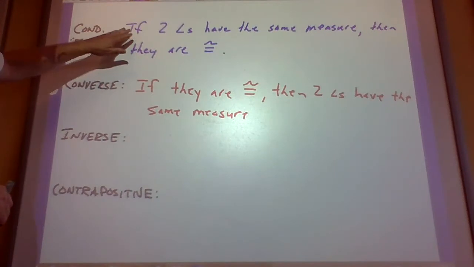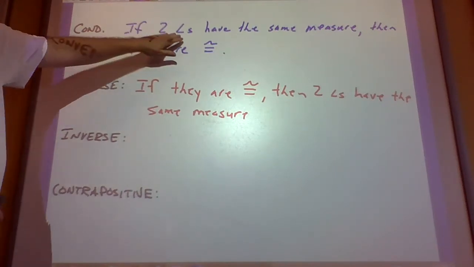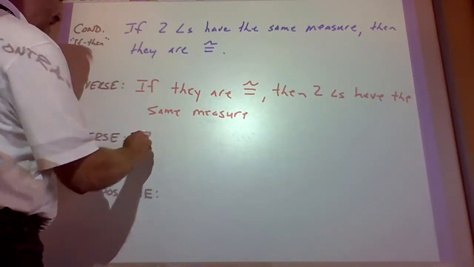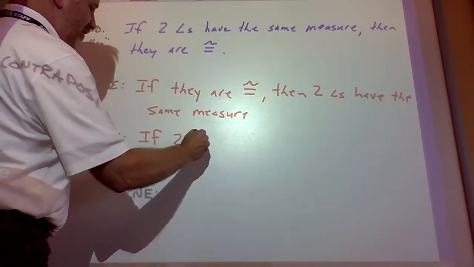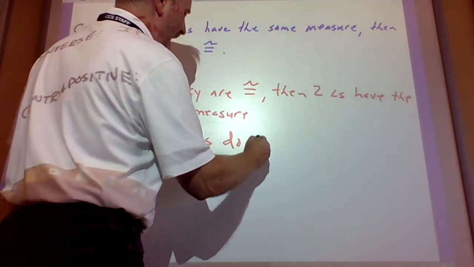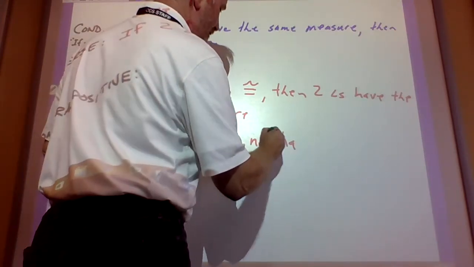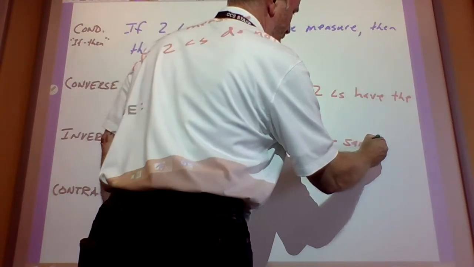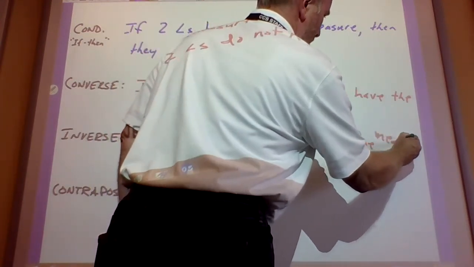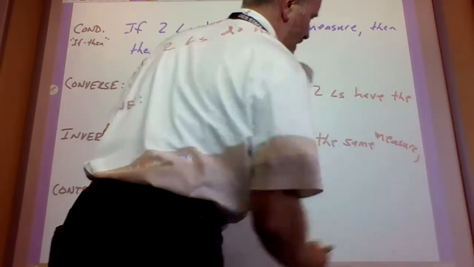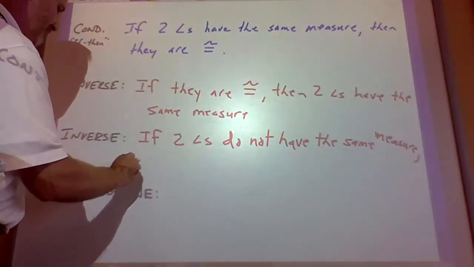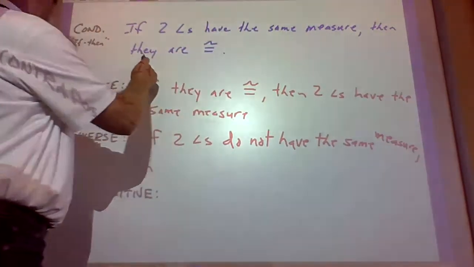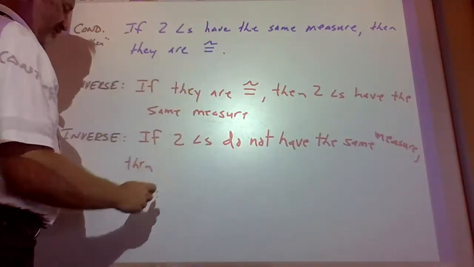So: if two angles do not have the same measure, then they are not congruent.